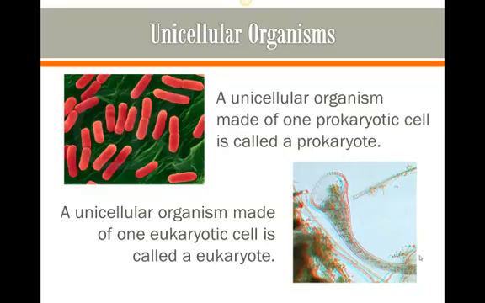Yes, they have DNA, but they do not have a nuclear membrane around that DNA. A eukaryotic cell does. So when you have a unicellular organism and it doesn't have an organized nucleus, it is called a prokaryote. And if it does have that organized nucleus with the membrane around it, it is called a eukaryote. That's the noun.